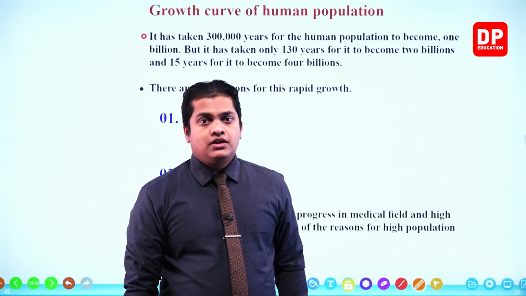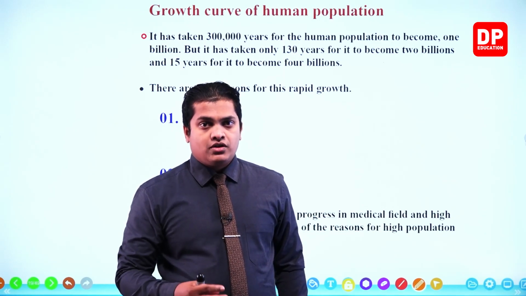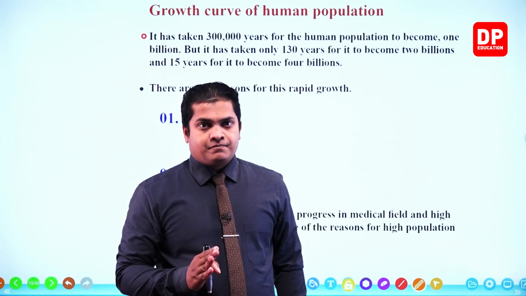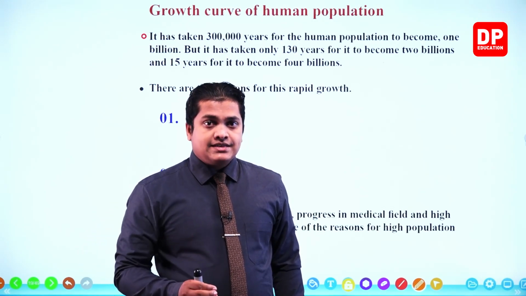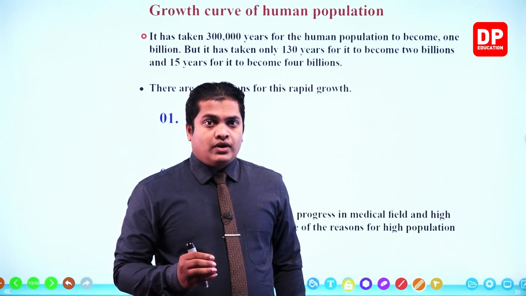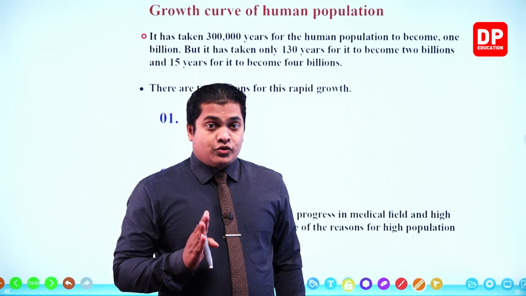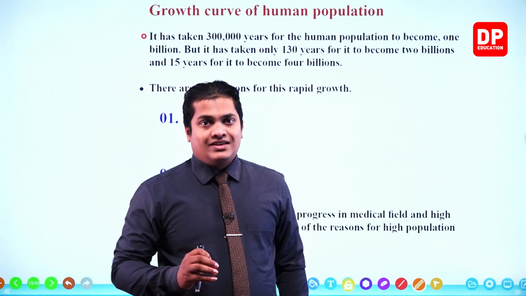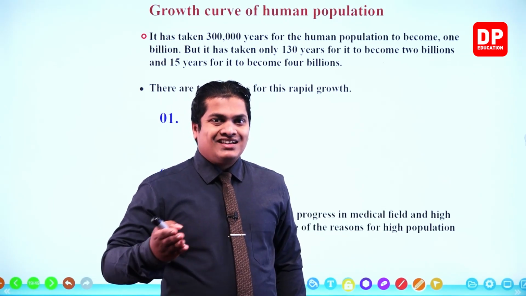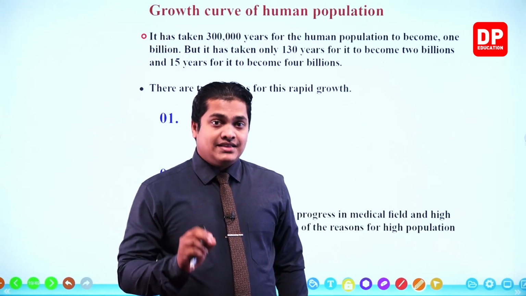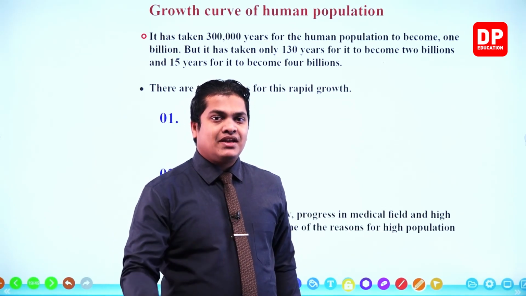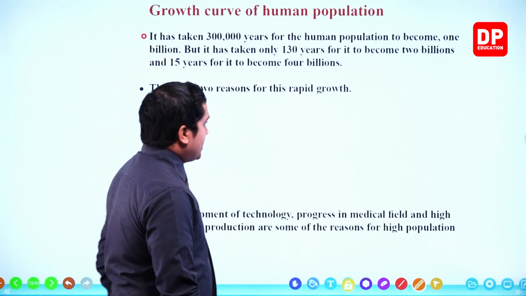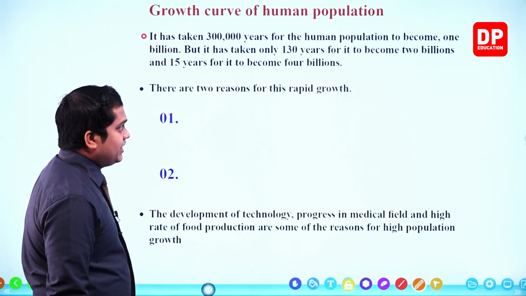While the death toll decreases, the births also increase. In that way, the population keeps increasing. So there are two reasons for this rapid growth.